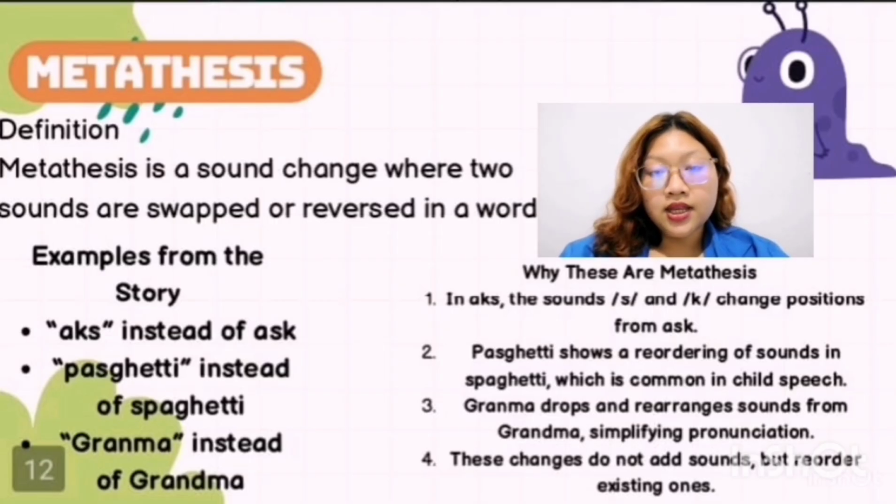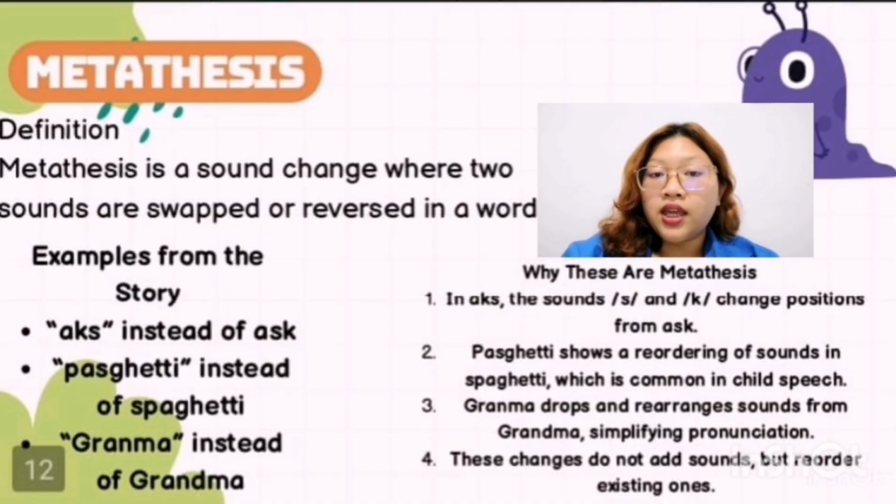Metathesis. Metathesis is a sound change where two sounds are swapped or rearranged in a word. Examples from the story: ax instead of ask, pasghetti instead of spaghetti, grandma instead of grandma. Why are these metathesis?